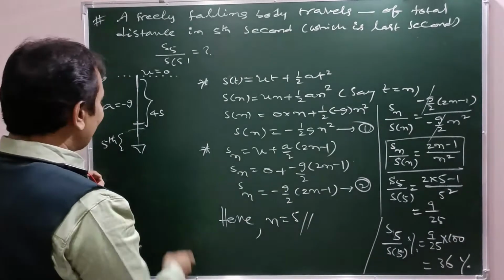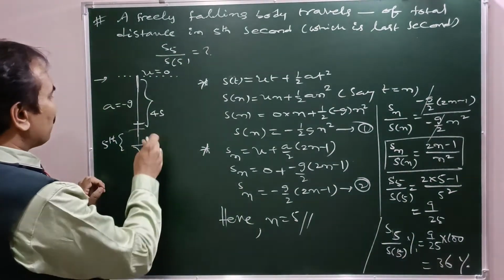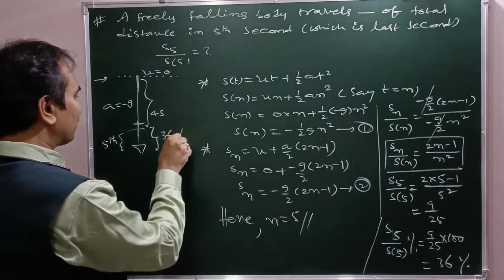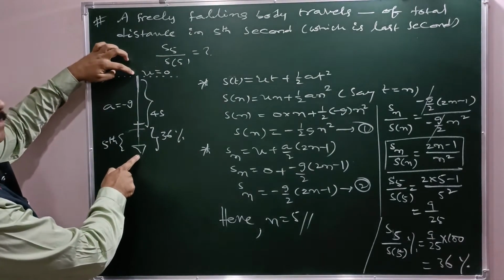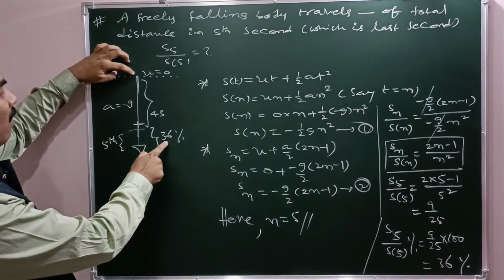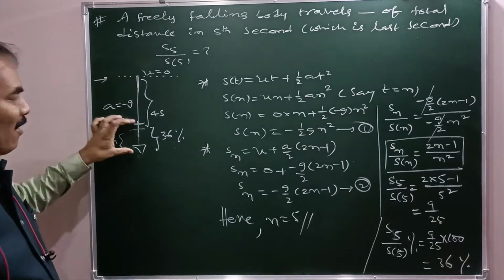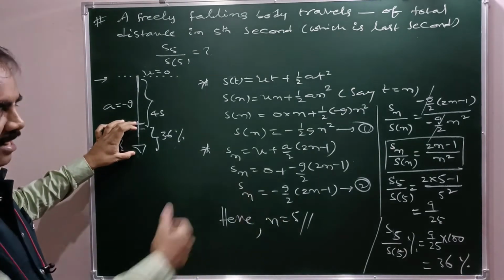So from the inference, the total distance covered in the 5th second equals 36% of the total distance. If total distance is S, out of S, 36% of the total distance is covered in the 5th second. That is the inference from that relation.